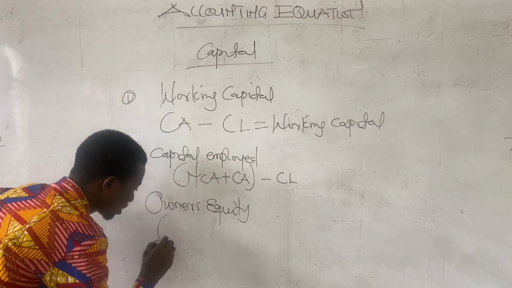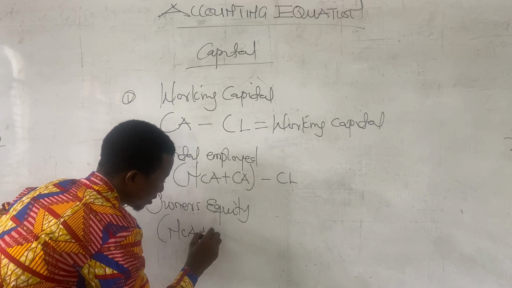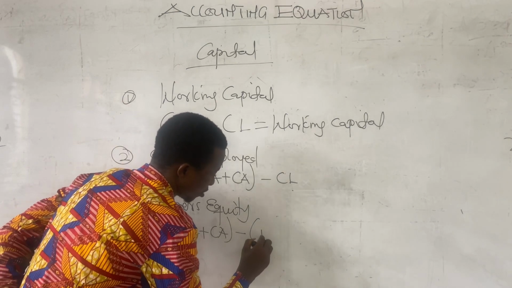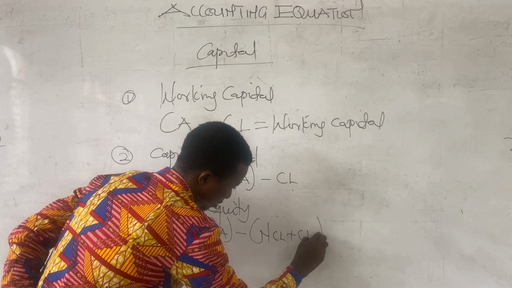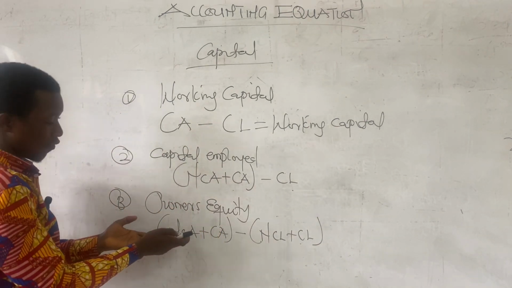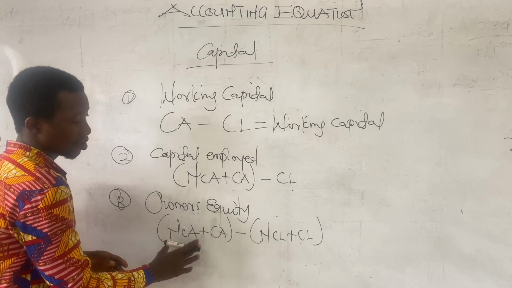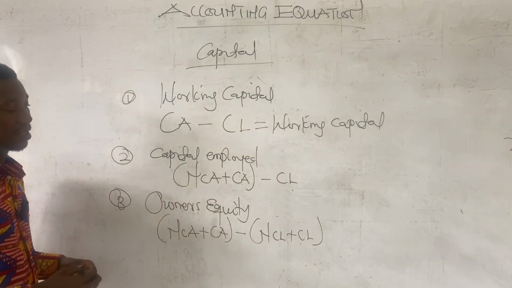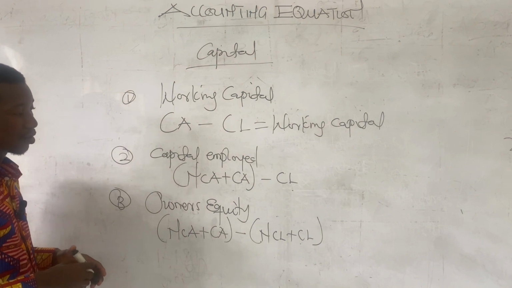So we know that our total assets is the non-current assets plus the current assets, in brackets, minus the non-current liabilities plus the current liabilities. So the excess of the total assets of the business over its total liabilities is what we call the owner's equity. Is that okay? Very good.